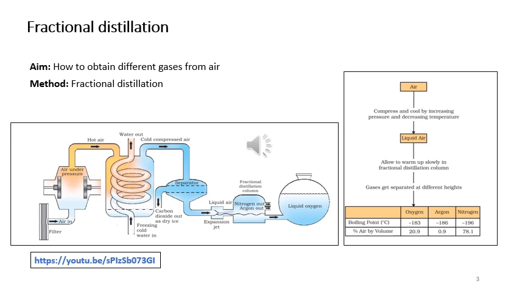This liquid air is then allowed to warm up through the fractionating column. Now this process occurs very slowly, and it is at this stage that the gases start separating out depending upon their boiling points, and thus we can collect them differently.